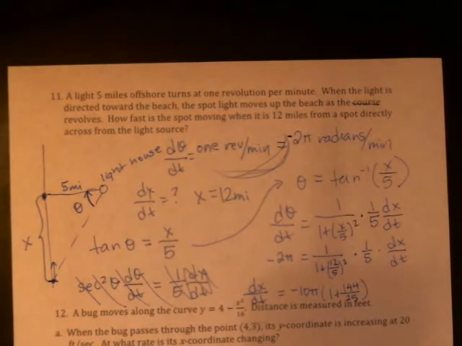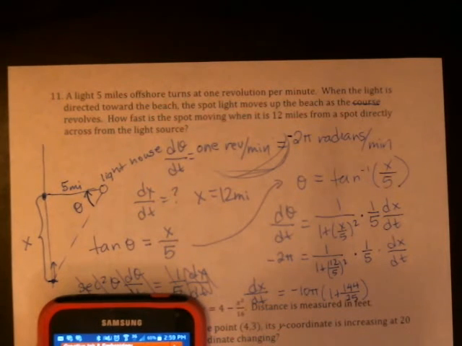If we plug all that in, I have negative 10 pi times 1 plus 144 over 25.